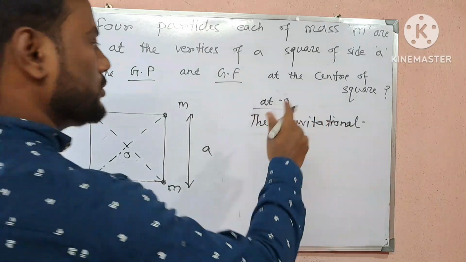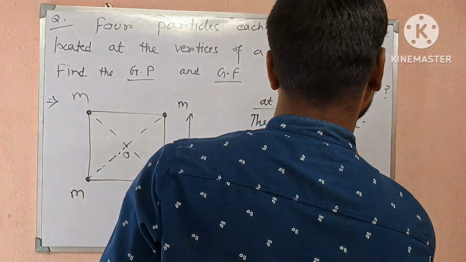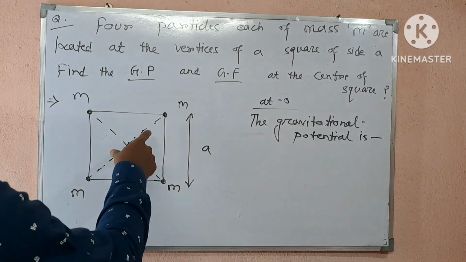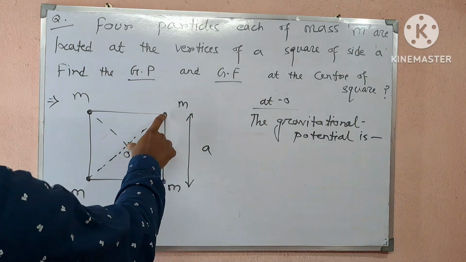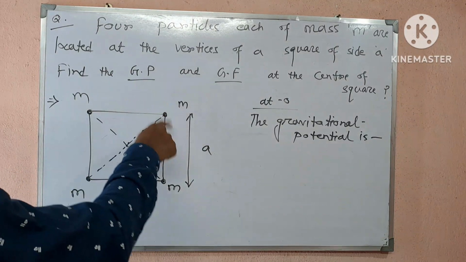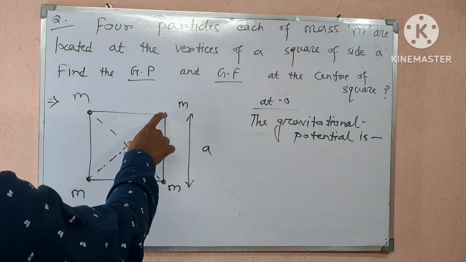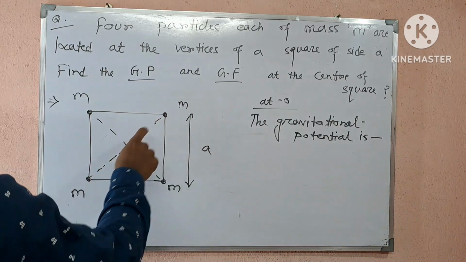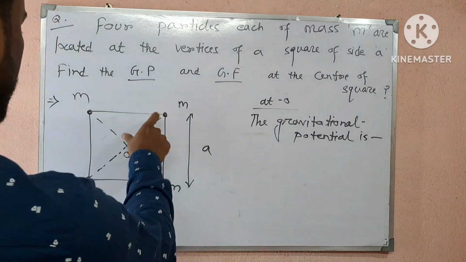Now at O, the gravitational potential for this object is G m divided by this distance. We all know this is a square, so this is the diagonal, and this length is half of the diagonal. The length of the diagonal is A root 2, and half of the diagonal will be A by root 2.